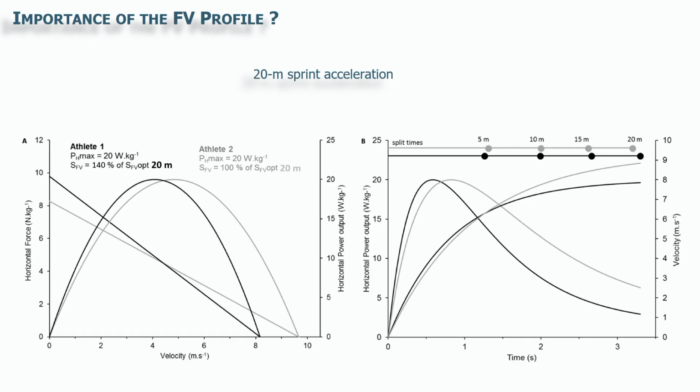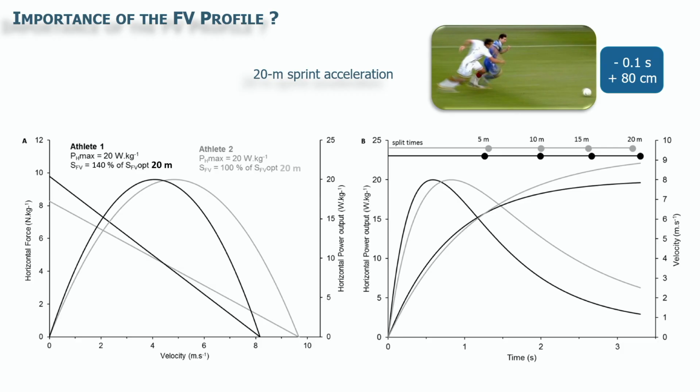And at the end of 20 meters, he will be 80 centimeters before the other. And it's just what we need in soccer or in rugby to overtake the opponent. So there are some general guidelines, but at the end, it's quite interesting to consider the optimal profile to decrease the deficit as much as possible.